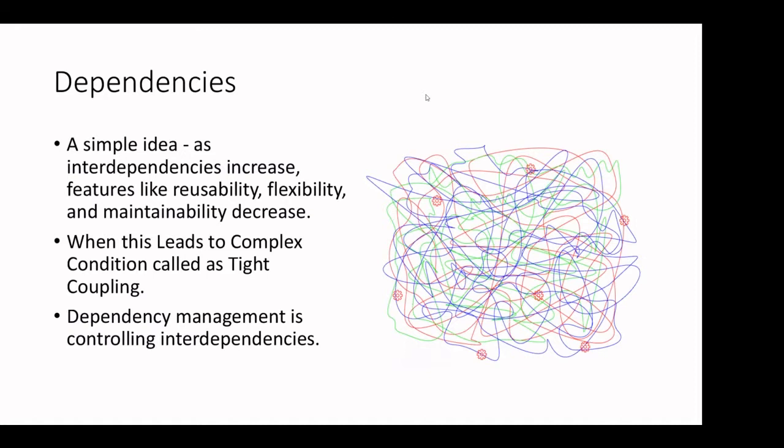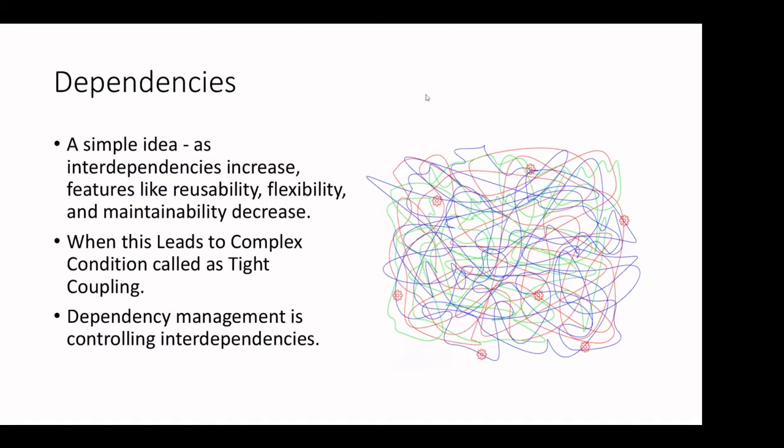A simple idea about dependency is that if the number of dependencies increases, very likely attributes like reusability, flexibility, and maintainability of the code decrease, which will lead to complex conditions of maintaining the software.